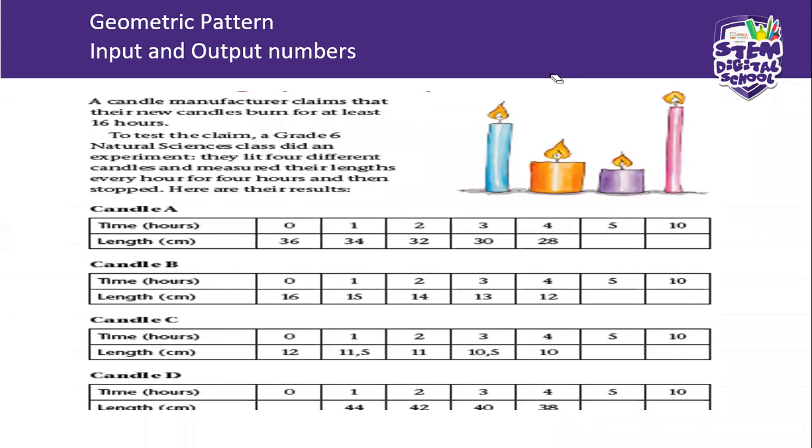So they would need you to find out how it is decreasing for most of them, looking at the constant number they're subtracting by as they move along. That's how we're going to adapt our rule and move on from that.